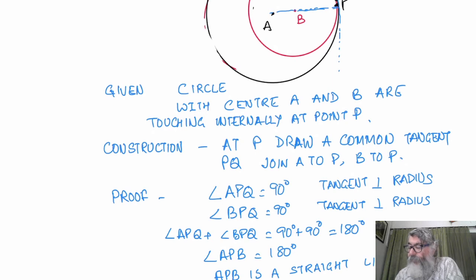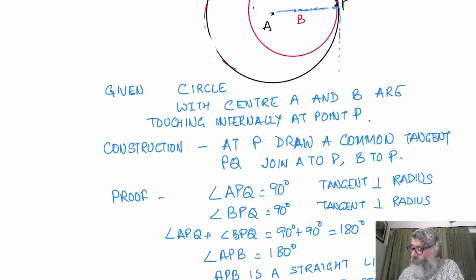So when APB is a straight line, then that means A, B and P lie on the same straight line.